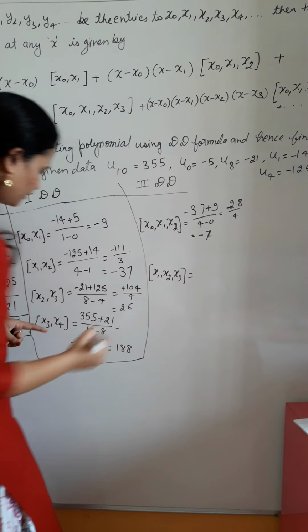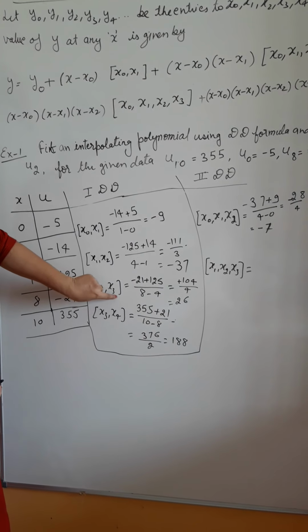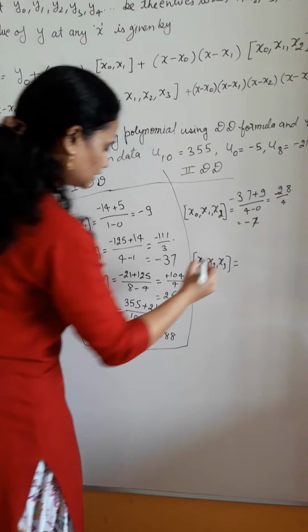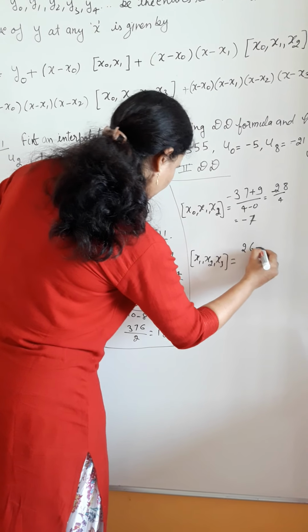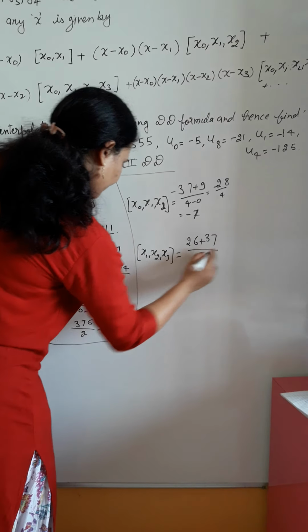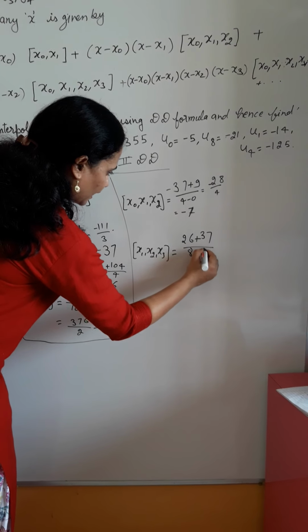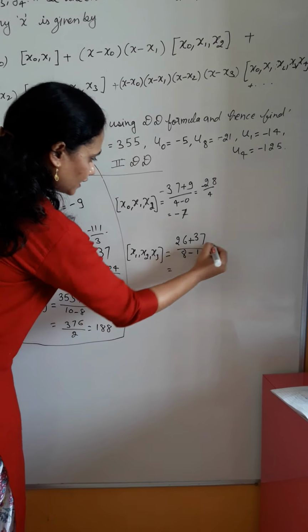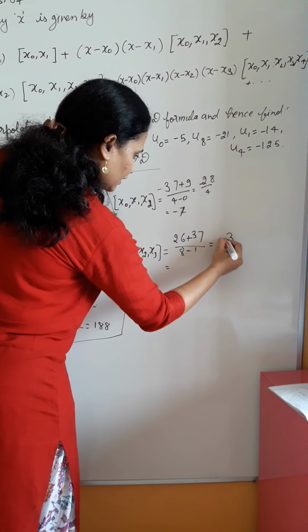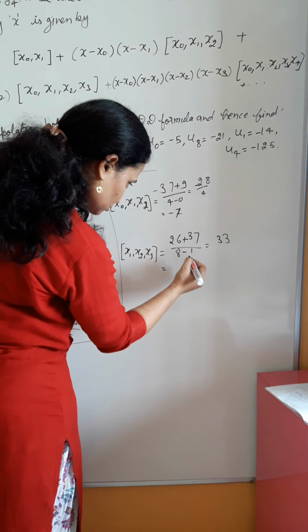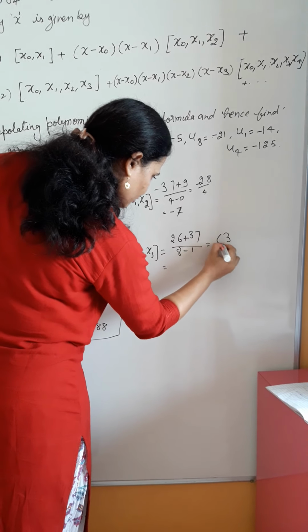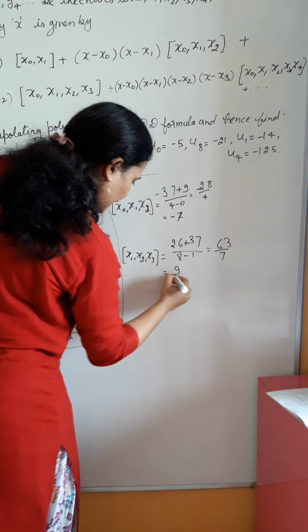Similarly, x1, x2, x3. For x1, x2, x3 we have to do x2 minus this difference minus this difference. So this is 26 plus 37 divided by x3 minus x1, that is 8 minus 1. So if we calculate, this is equal to 63 divided by 7. So this is 9.